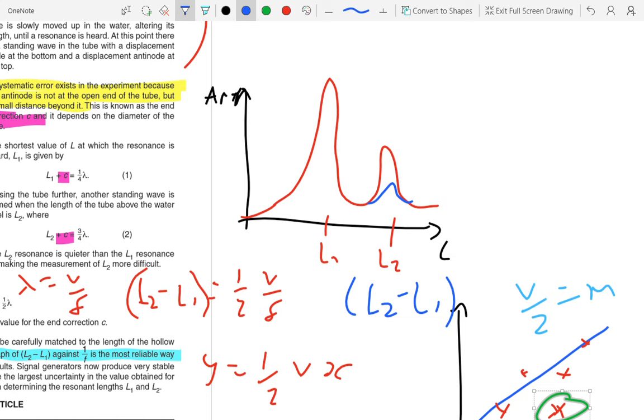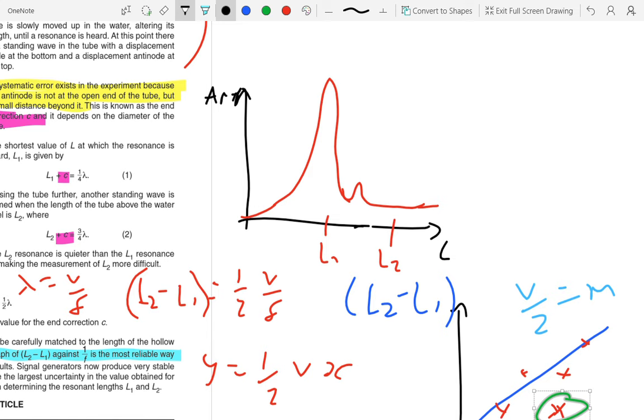And it could even be really close to the large resonance, because that makes them even more difficult to hear. But just know that there's going to be 2 resonance points along there, with the second one being a lot smaller than the first one and not being as clear to hear.